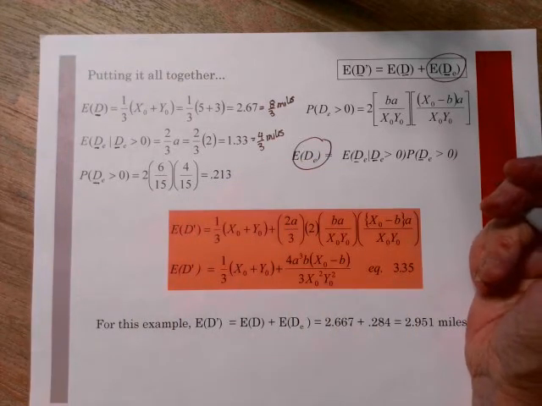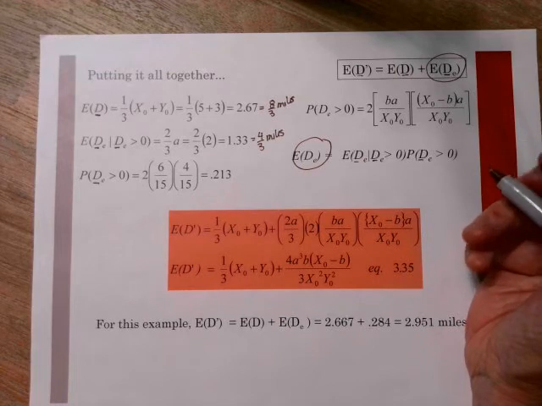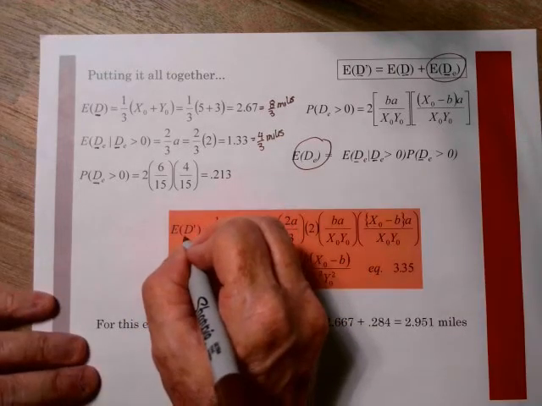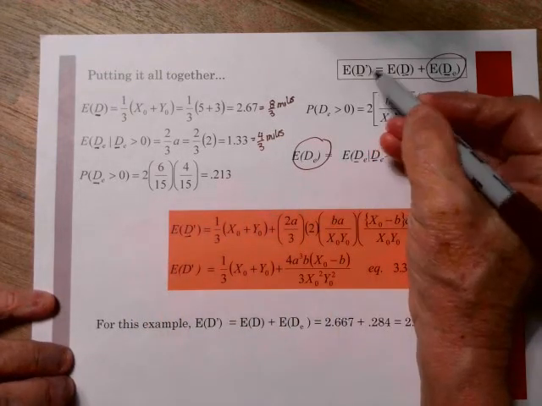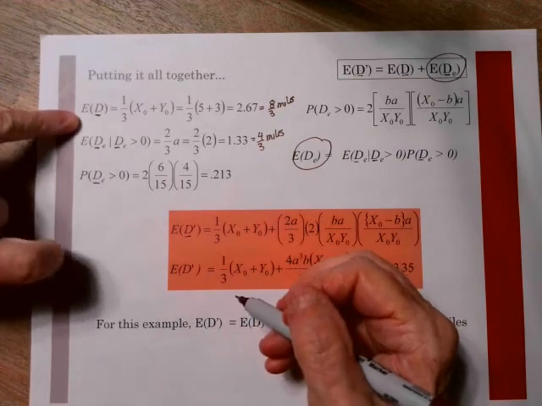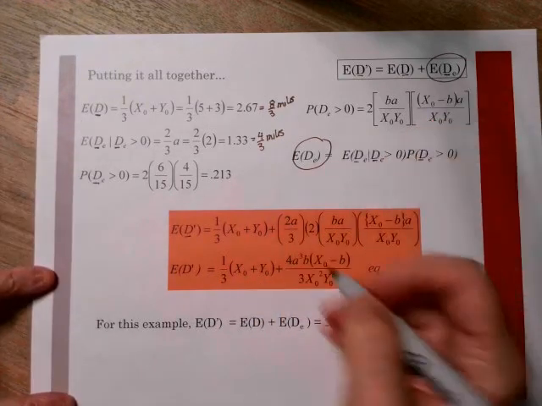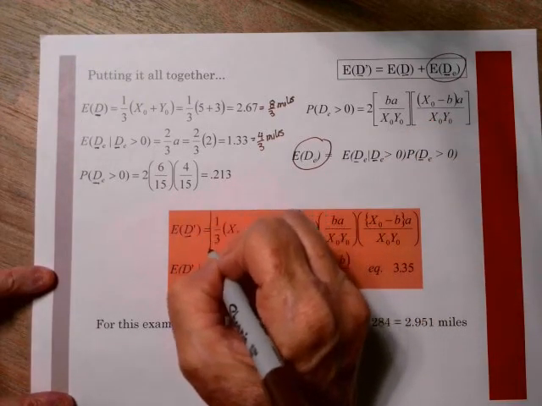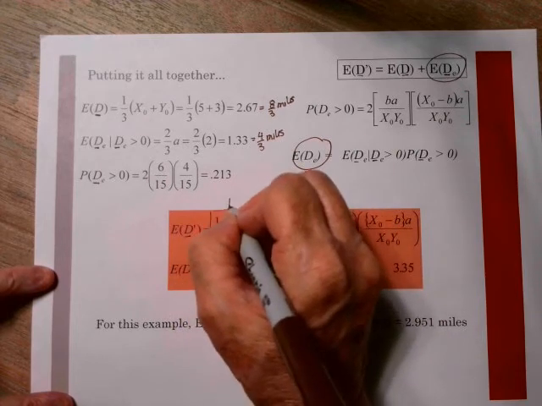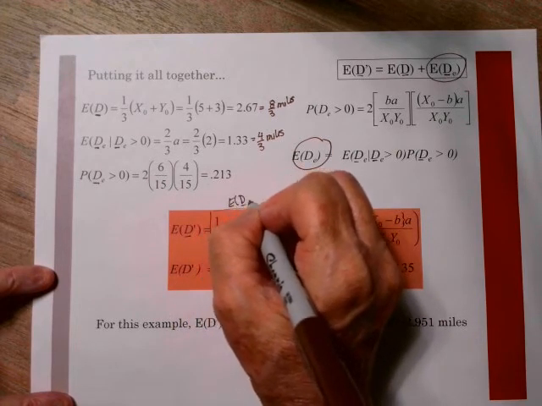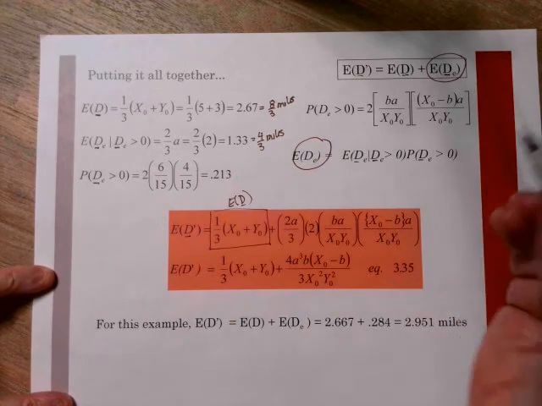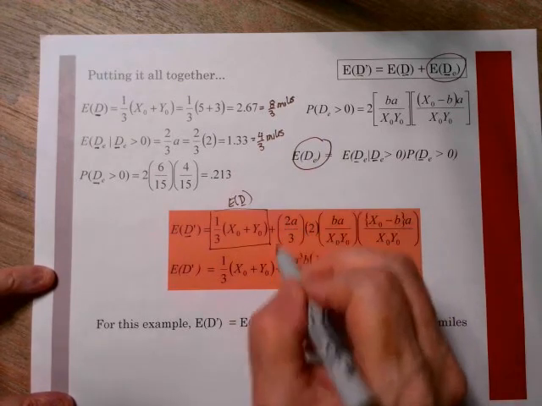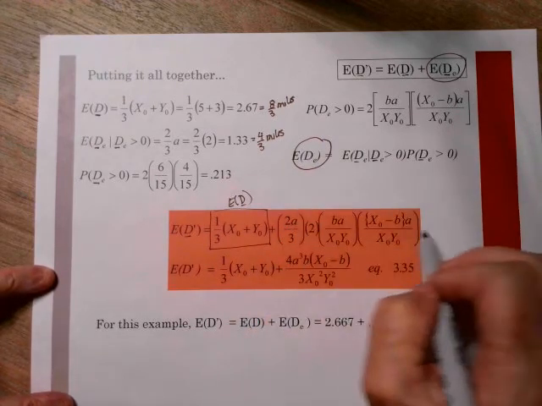So now when we put it together, we got the expected distance due to the barrier is the expected distance without the barrier, so that's what this guy is right here, the rectilinear distance, plus now we've got this term. Well, you can put this all together.